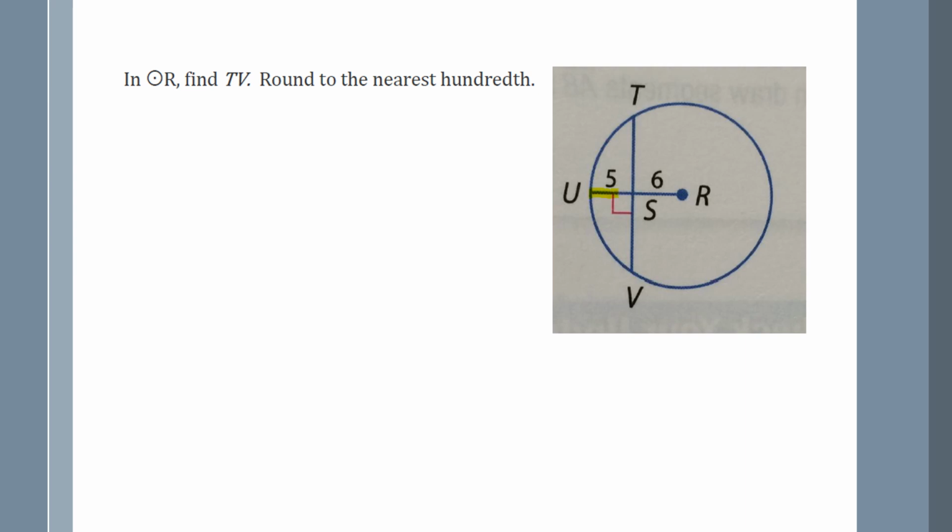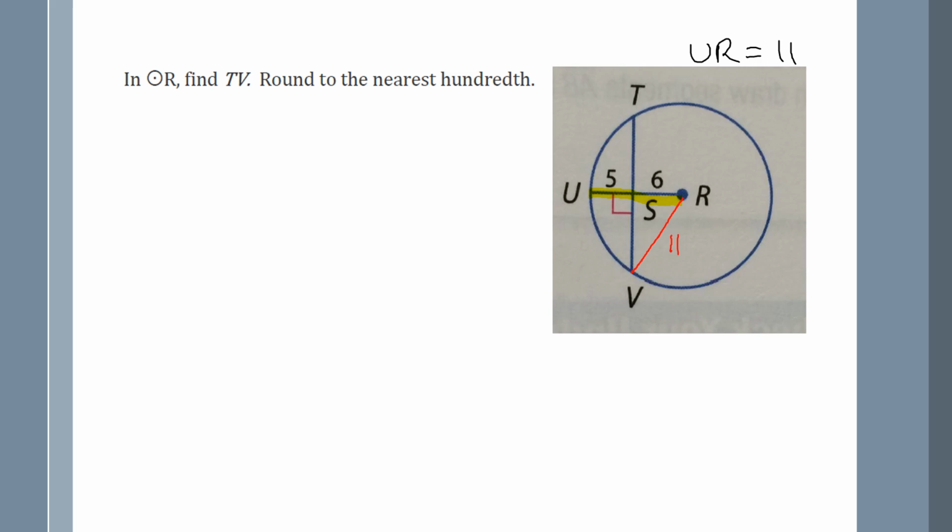Because it's a radius, the length of this radius is 11, so UR is equal to 11. If UR equals 11, all the radii of a circle are the same. This distance here is 11.